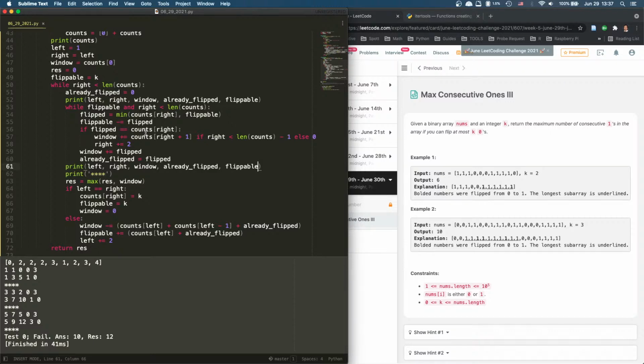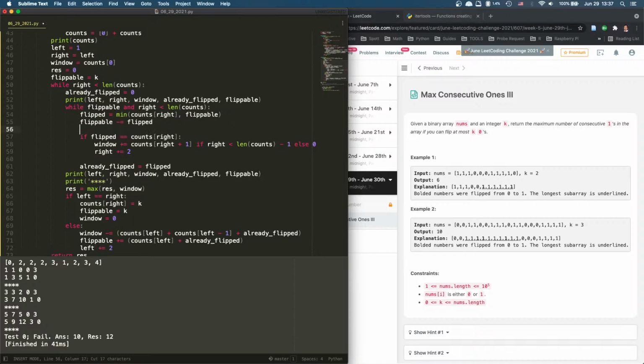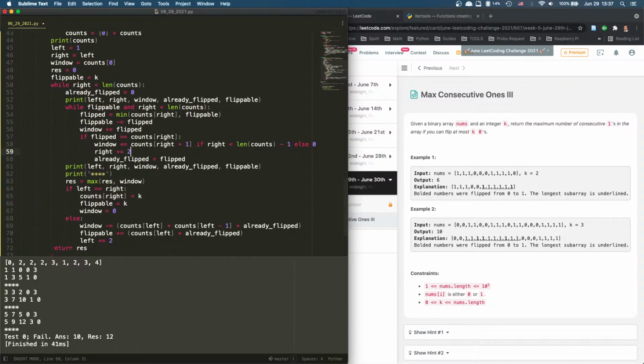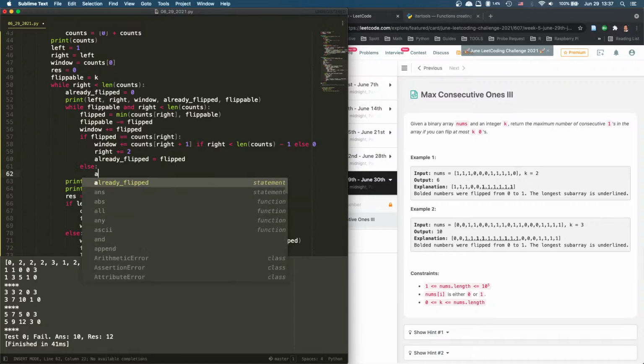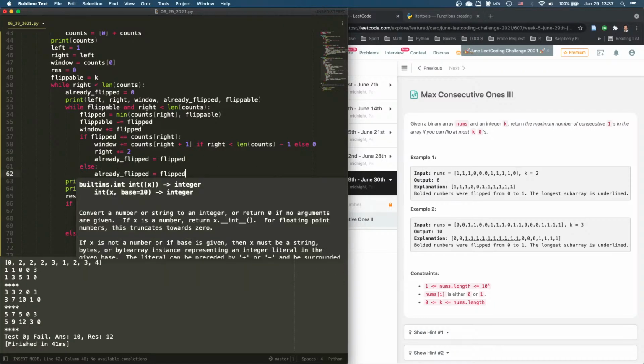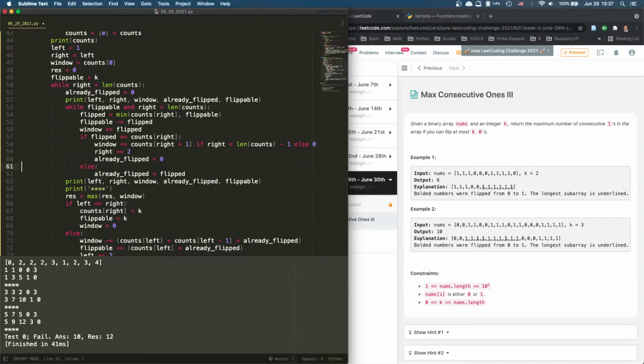Already flipped is 0. And then I think it should be window plus equal to flipped. If this, already flipped is this, else already flipped equals flipped. This should be 0, because we go here, already flipped is 0.